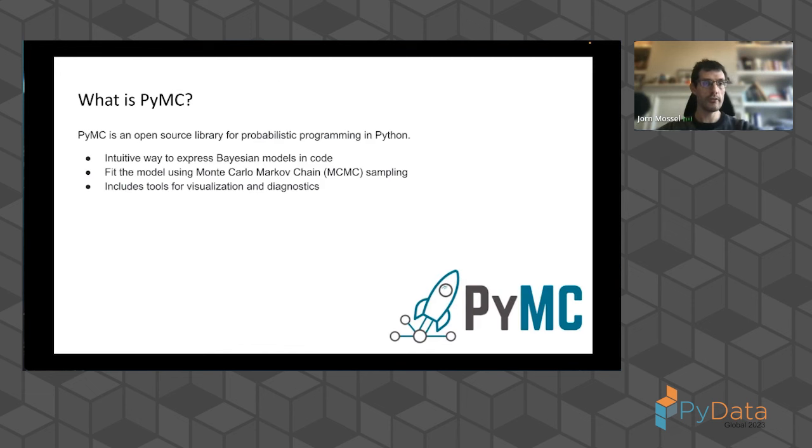So, a quick recap of what PyMC is. It's an open source library for probabilistic programming in Python. As we will see with some code snippets, it's a very intuitive way to code up Bayesian models. It has effective Markov chain Monte Carlo sampling, and it has lots of built-in tools to inspect your distributions.